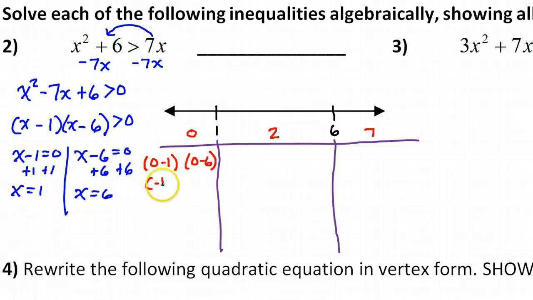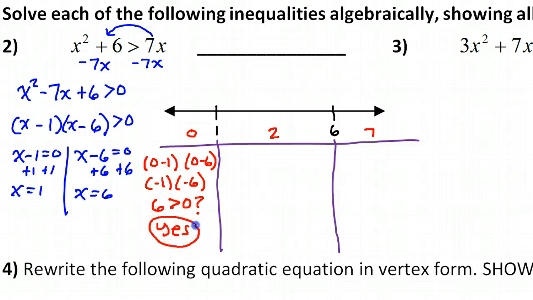Well, that makes positive 6. And the question is, is this greater than 0? Well, yeah, 6 is greater than 0, so that's a yes. File that away. That tells me that 0 is a solution. That means everything in this zone is a solution.